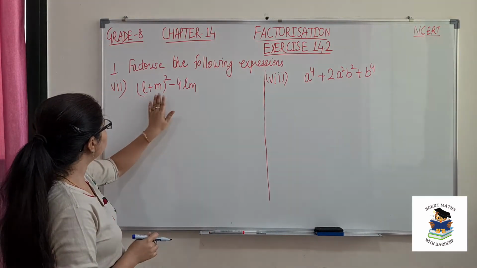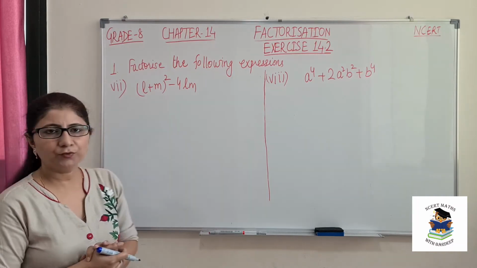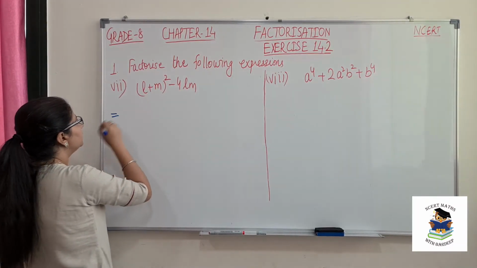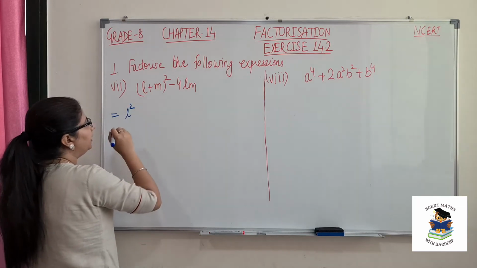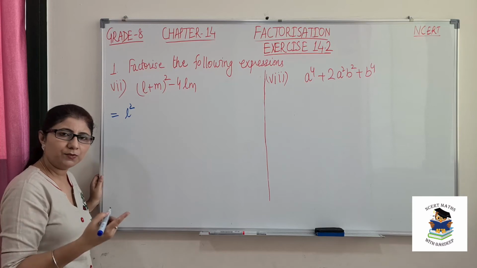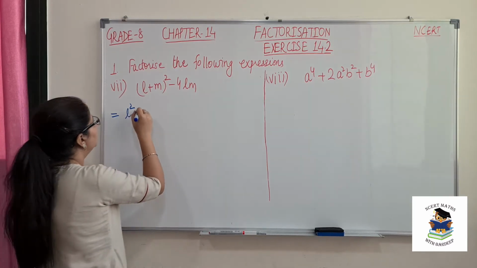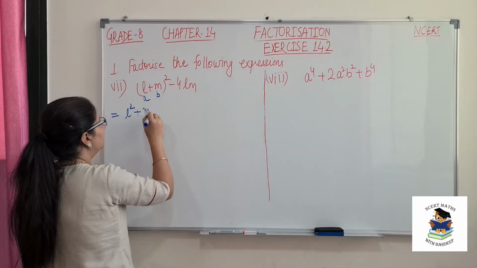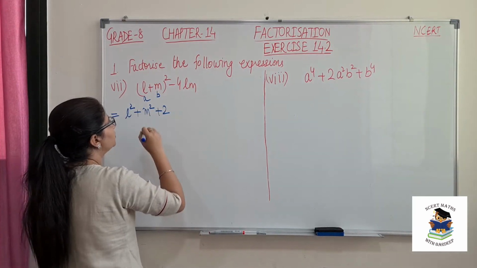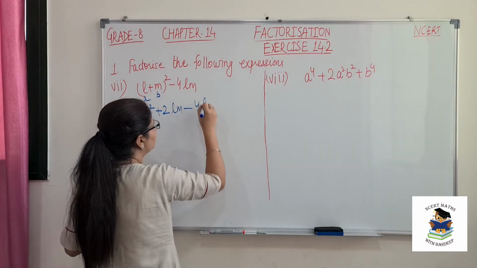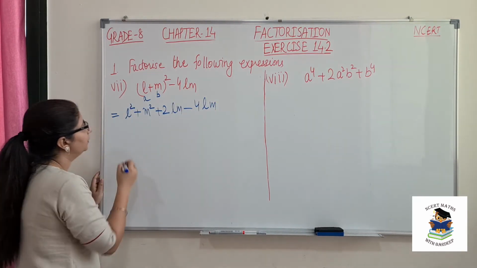This is l plus m whole square minus 4lm. So we can use our identity here. So let's open this. This is a plus b whole square. A plus b whole square is a square plus b square plus 2ab. So if this is a, this is b, l square plus m square plus 2 times lm, and this is minus 4lm. Okay.